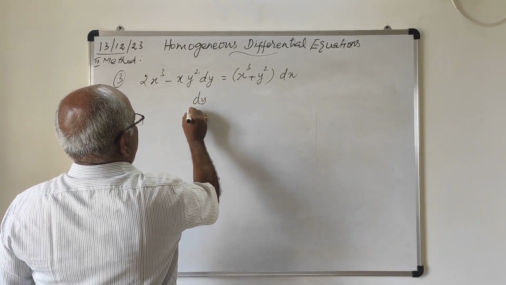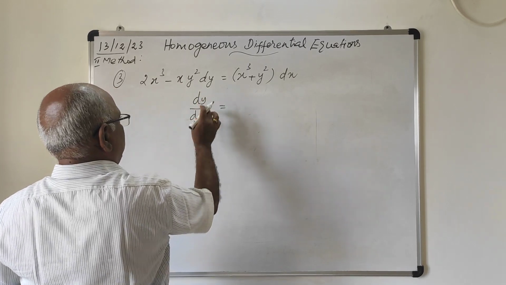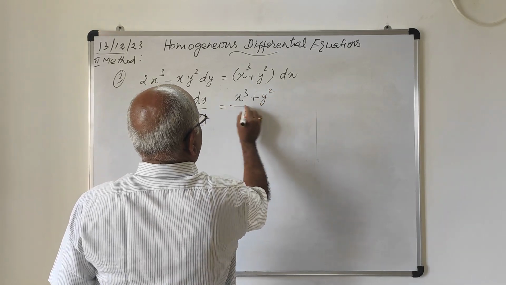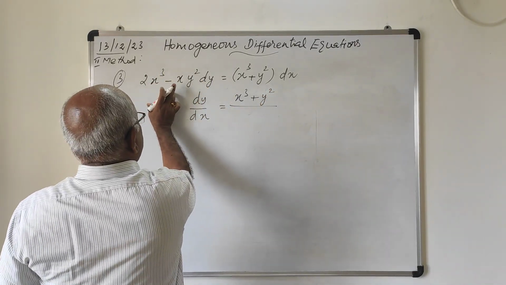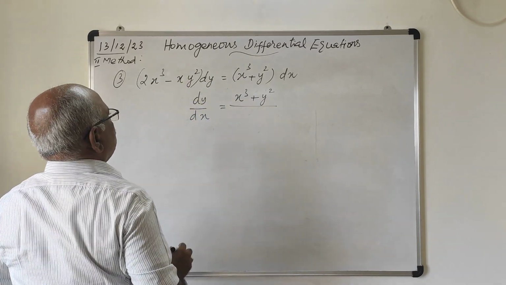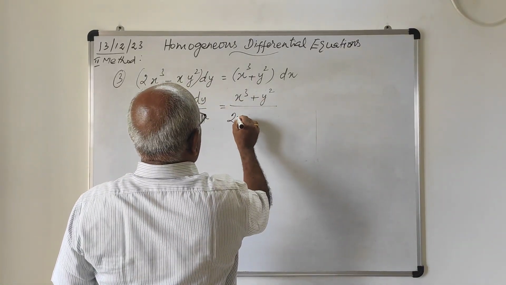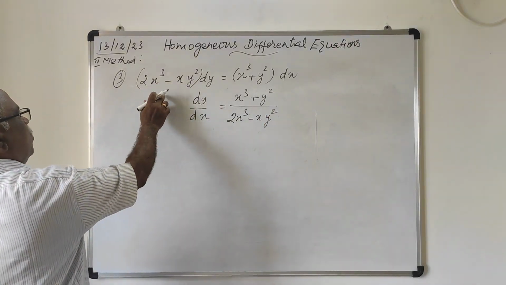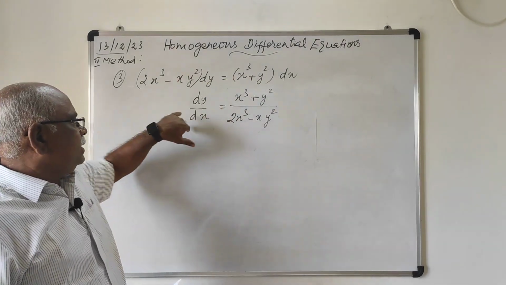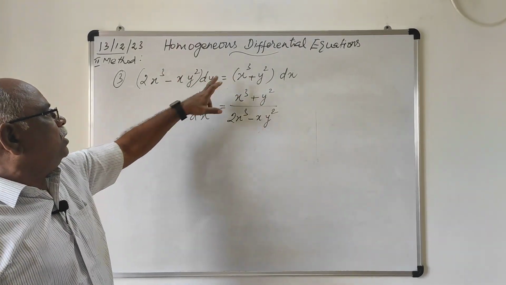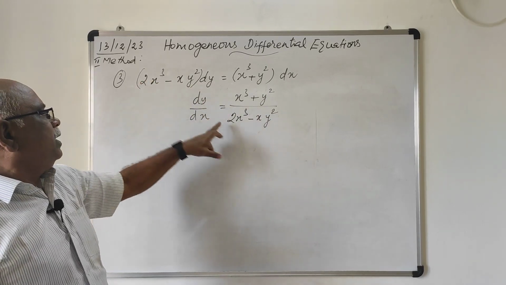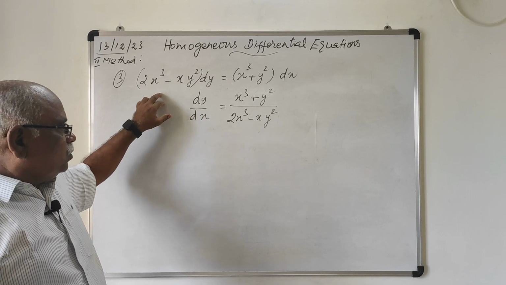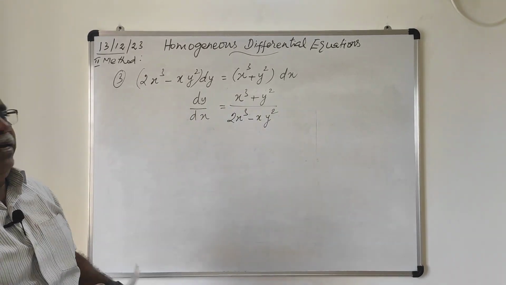From this, you have to rewrite this equation as dy by dx equal to, numerator is x cube plus y square, by denominator this term, the left hand side term, you bring it to the denominator, 2x cube minus xy square. You bring the left hand side term to the right hand side, it becomes the denominator.